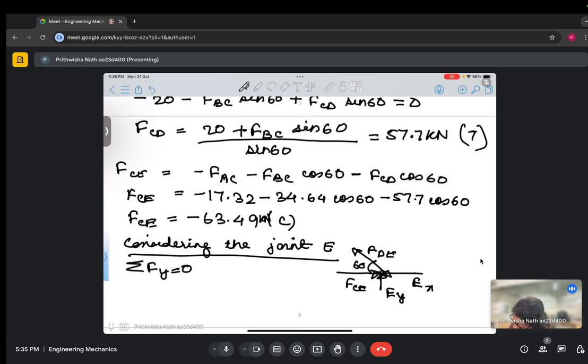So from Fy equals to 0, FDE sin 60 plus EY equal to 0.